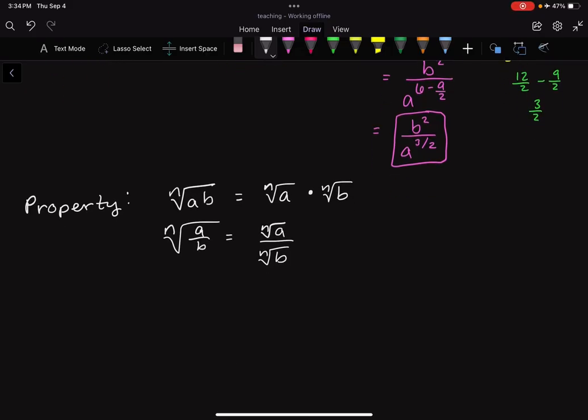So let's do some examples and we'll see how we can use this. Part A, let's do the 4th root of 16 over 81.